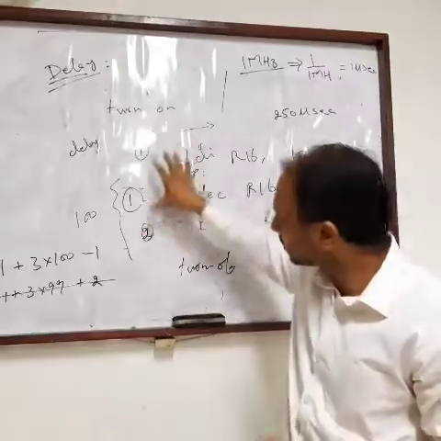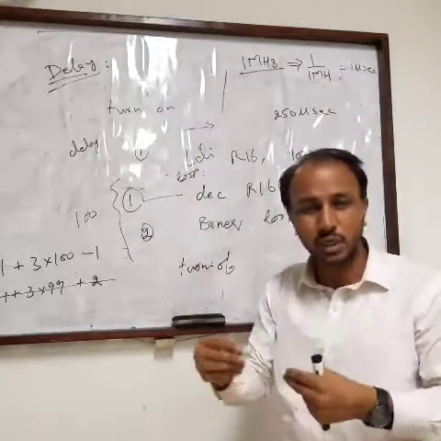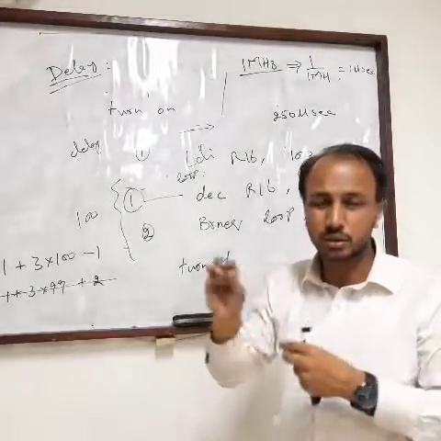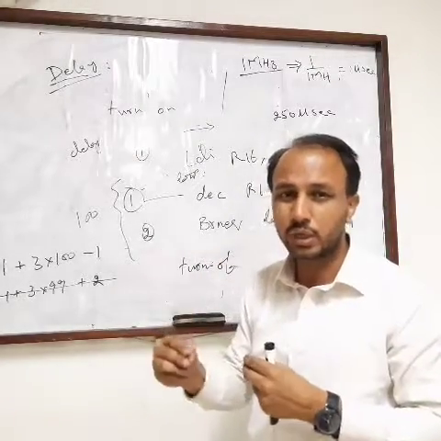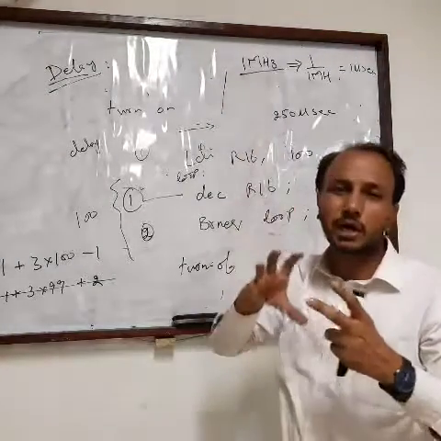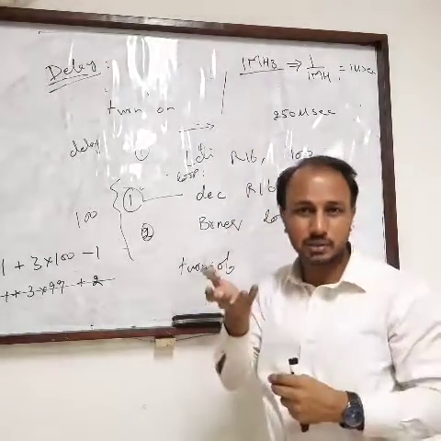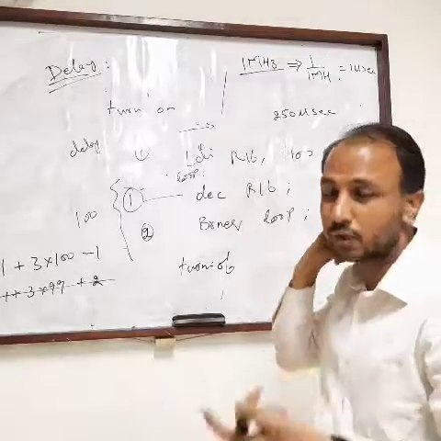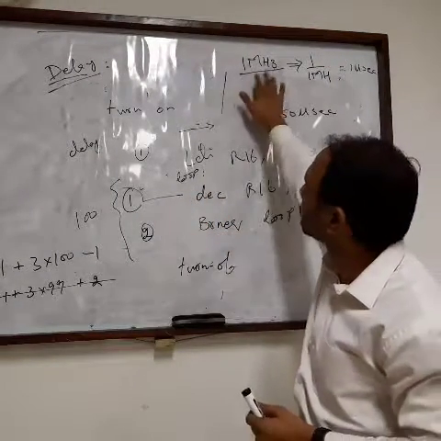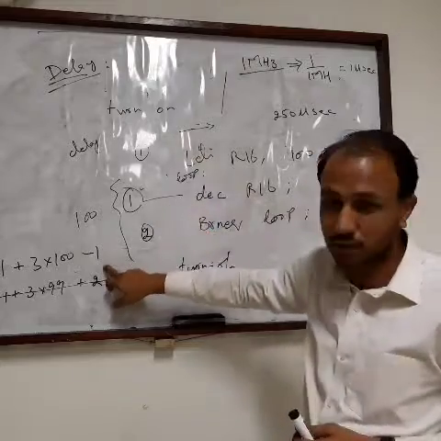So all these tasks will be done quickly and your light will start turning on and off quickly. If you increase the speed 10 times, your light's turning on and off will increase 10 times, whatever speed you increase it to. But let's keep this at 1 megahertz, and this is 300 microseconds.